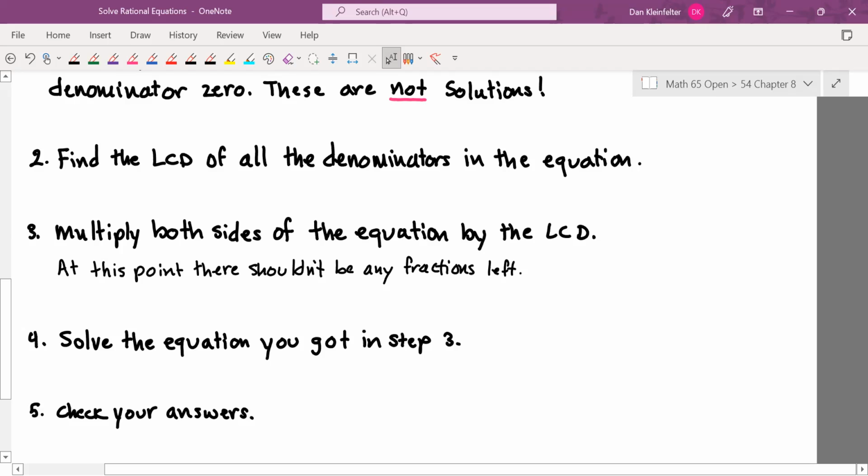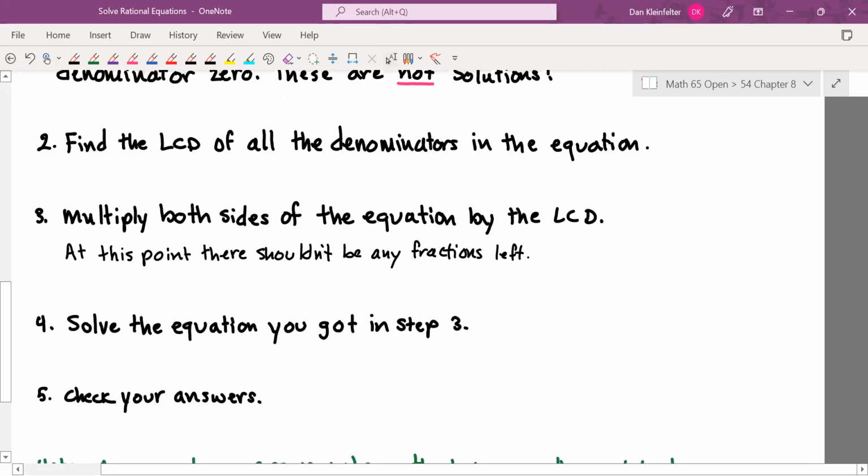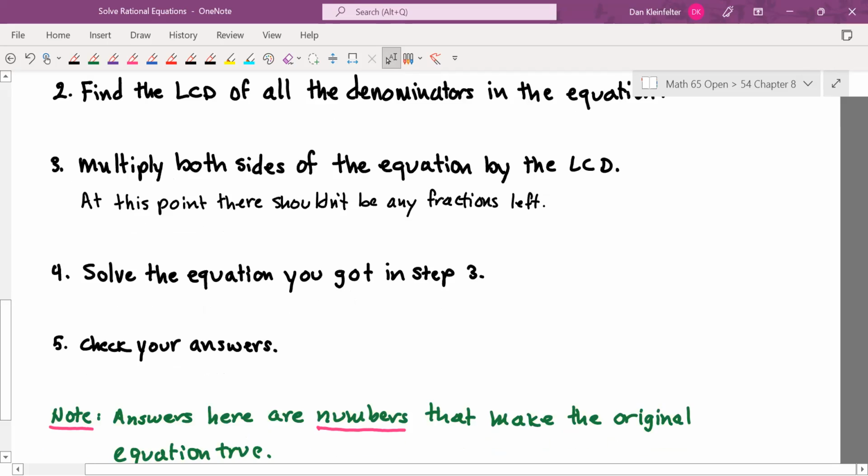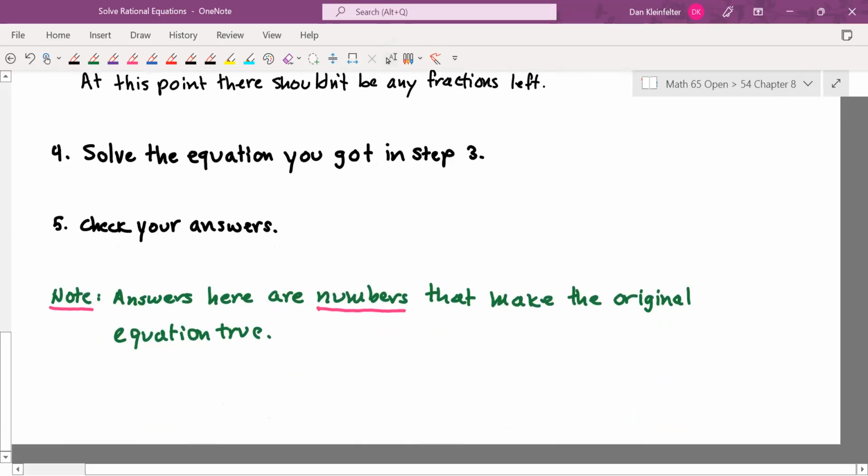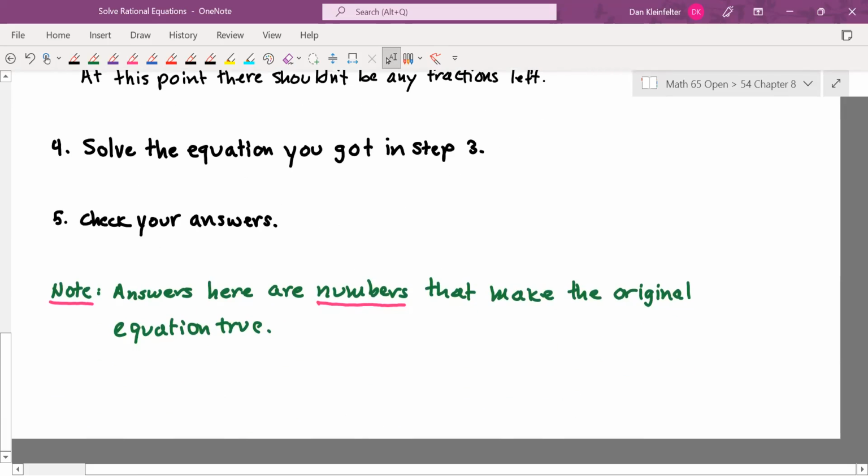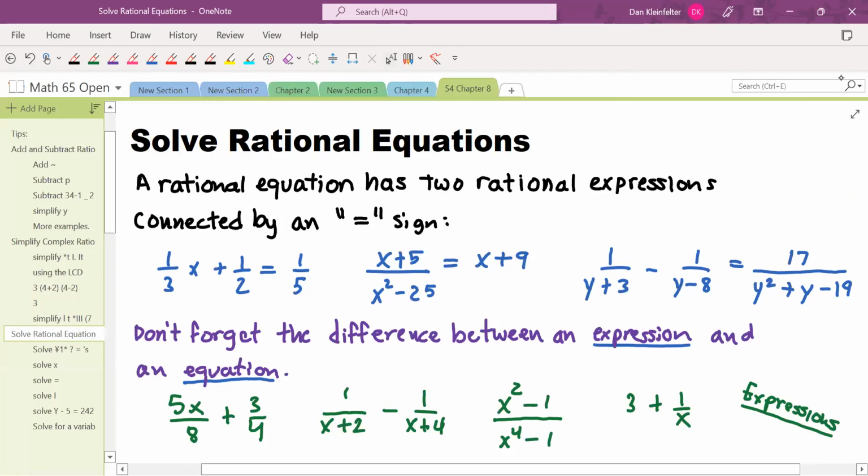And once we've done that, we can solve the equation using methods we've already studied. Once you've gotten that done, then we'll check our answers just to make sure that we haven't messed anything up. And once again, as a reminder, in this section, the answers are going to be numbers that make the equations true rather than simplified expressions.